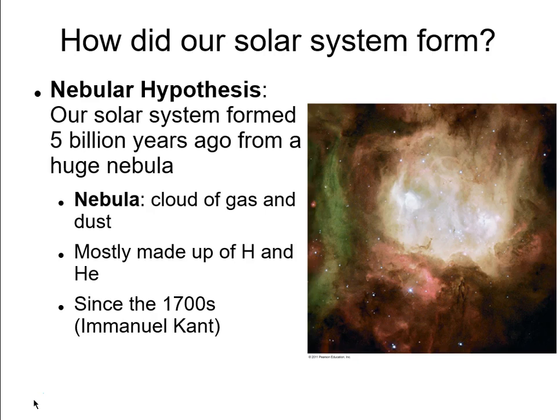Essentially, that cloud of gas and dust contracts inward, and enough energy is produced so that hydrogen can form into helium. When it does, a lot of energy is produced. So essentially, the center of a solar system becomes the sun. The nebular hypothesis has been around since the 1700s, when it was presented by Immanuel Kant.